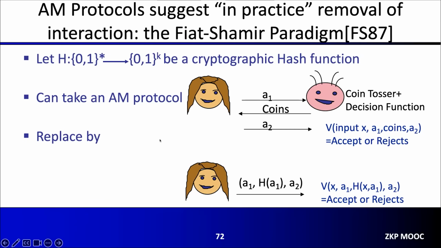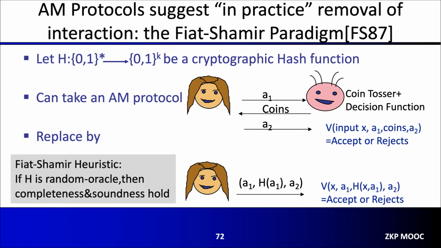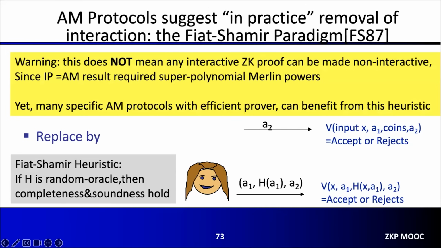A lot of people use this Fiat-Shamir paradigm in practice. It's a heuristic. Why do I say it's a heuristic? Because we don't really have such cryptographic hash functions that take a string and give me something at random. That is an idealization. It's called the random oracle model, but it is used in practice all the time. What you can say is that if H is behaving like a random oracle, then completeness and soundness do hold.